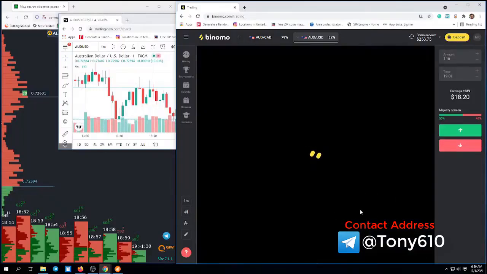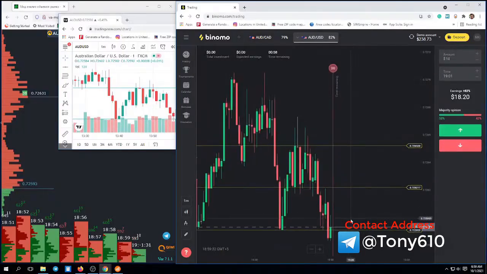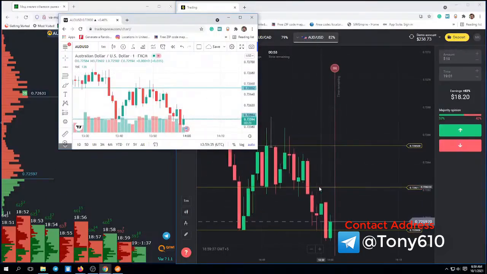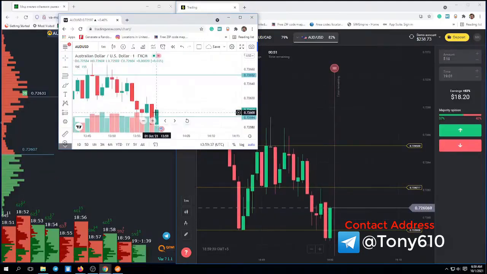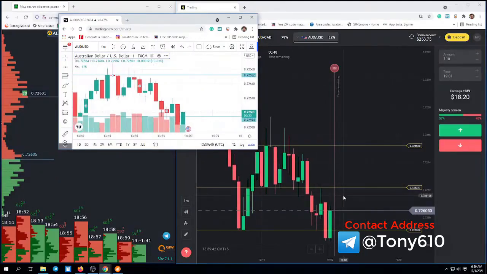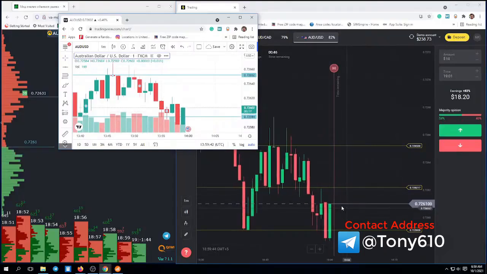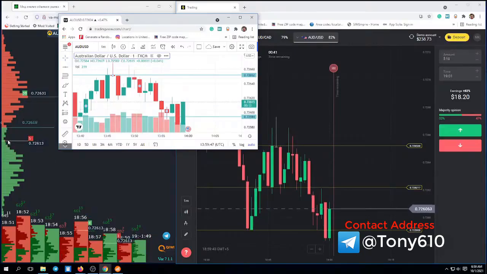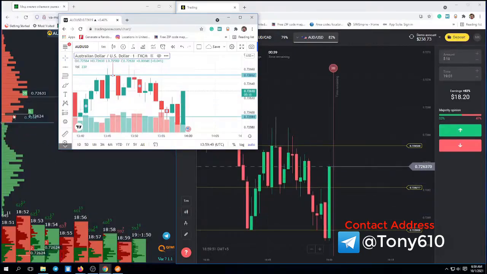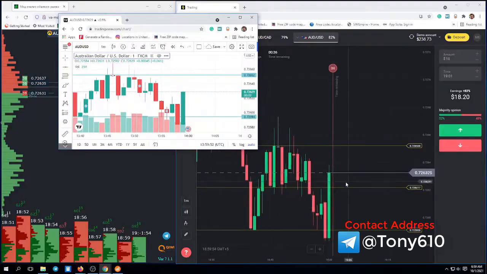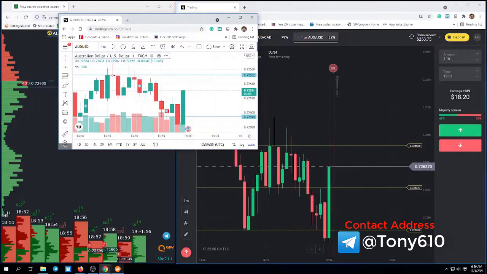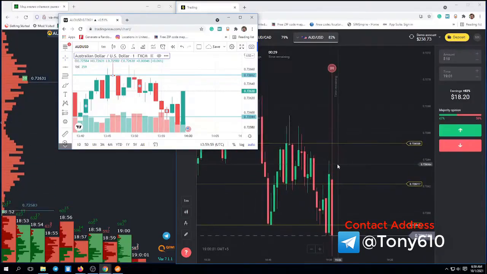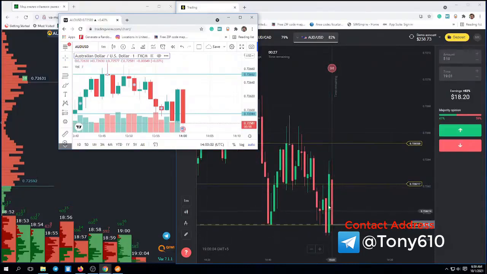This is not safe for placing a trade. Wait for the next candles. You can see the exhaustion candles. I think this is the news time effect.